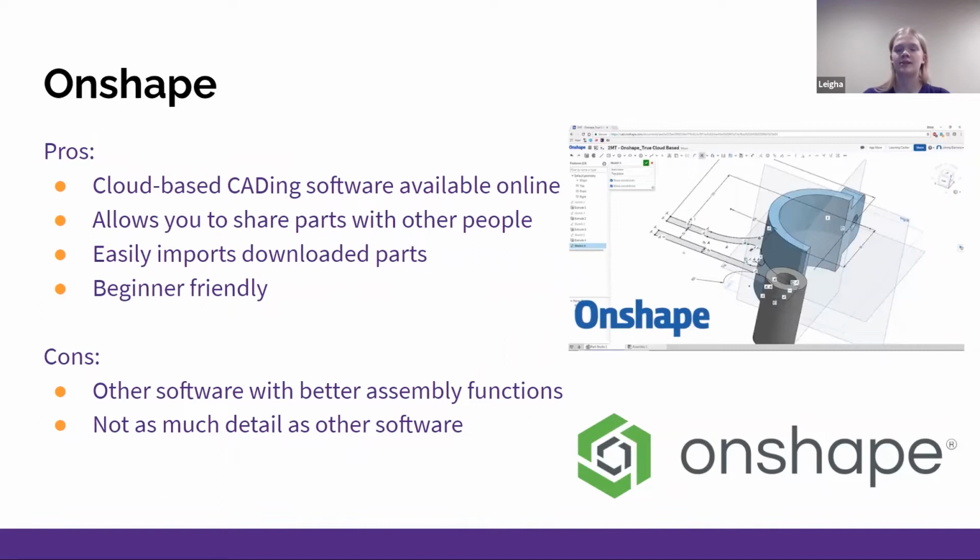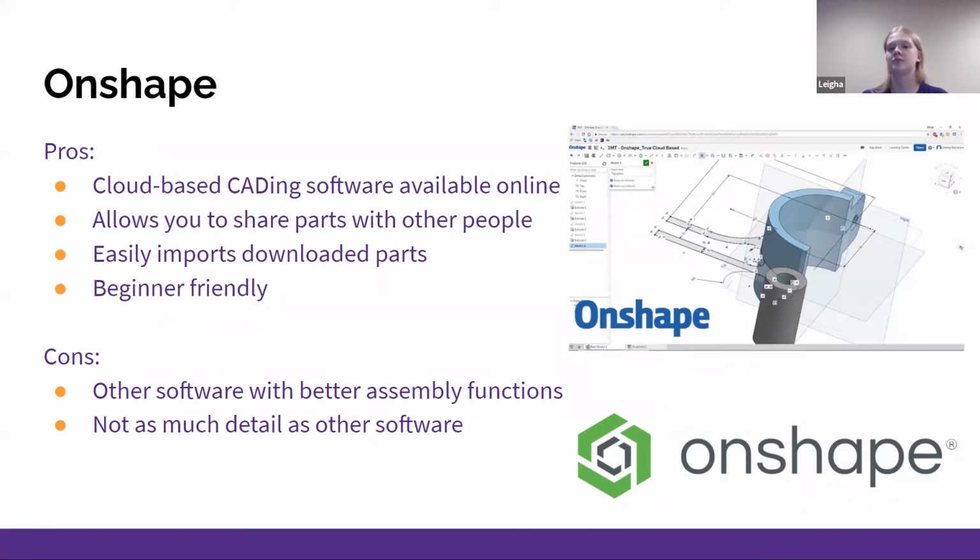So OnShape is the software that we're actually going to be showing you how to CAD with. This is a cloud-based CADing software, and you can find it online. You can all go ahead and make your own accounts now. It's free, easy to use. You don't even have to be affiliated with a team. All accounts are free. It also allows you to share parts with other people who also have OnShape accounts. So it's really nice.